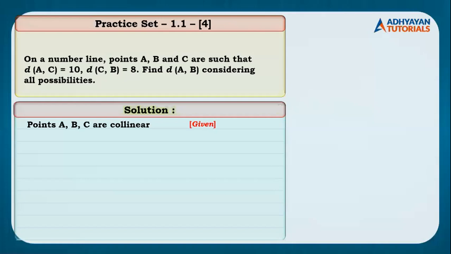Now, moving ahead, distance AC is 10, distance CB is 8, and we need to find distance between points A and B, considering all possibilities. Now, children, considering all possibilities, मतलब definitely एक से ज़्यादा possibilities है, right?